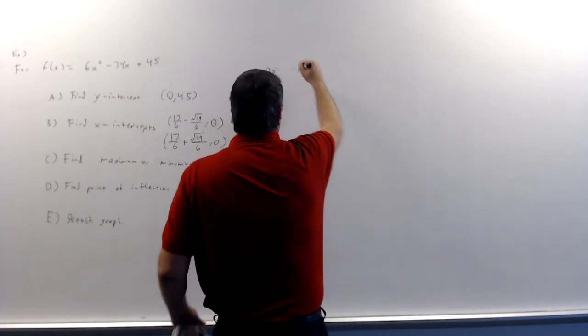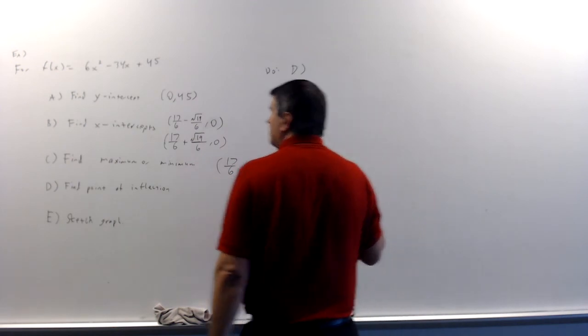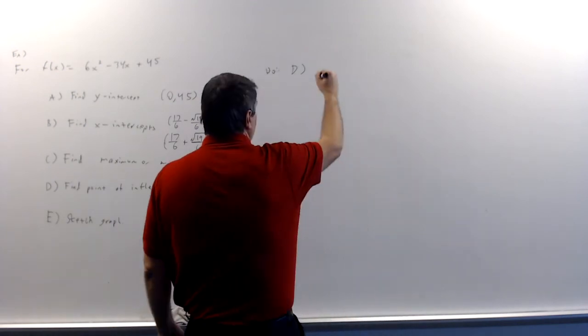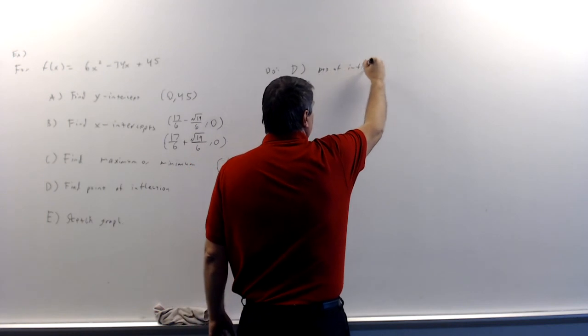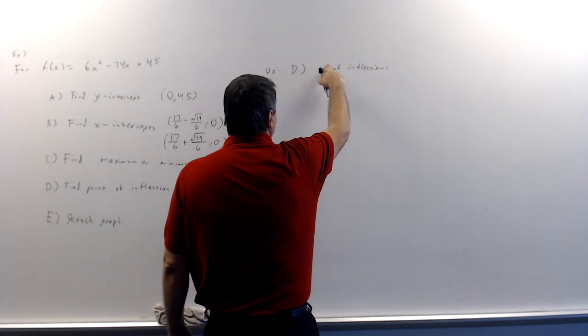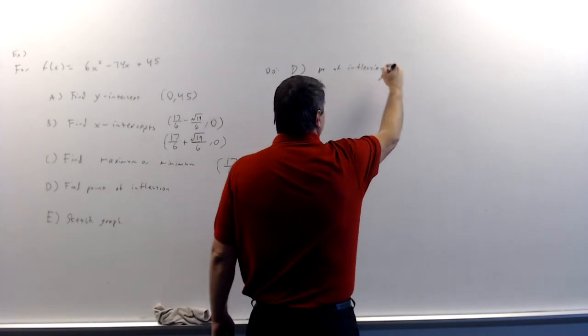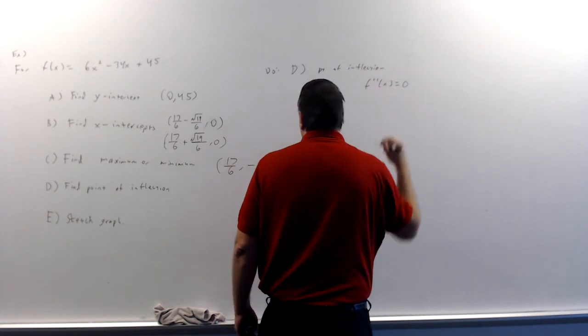So D, before we can sketch the graph, I need the point of inflection. Points of inflection would be where f double prime of x is 0.